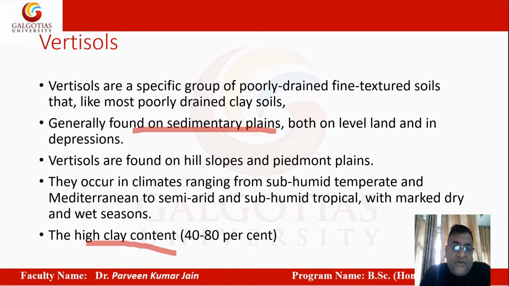Once they reach the plains, they start settling down there, and the suspension of the soil settles. This soil has very fine particles, obviously clay, and naturally the concentration of clay increases. Because of the smaller size particles, they have poor drainage.